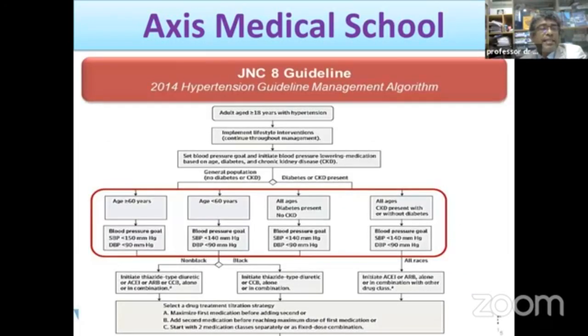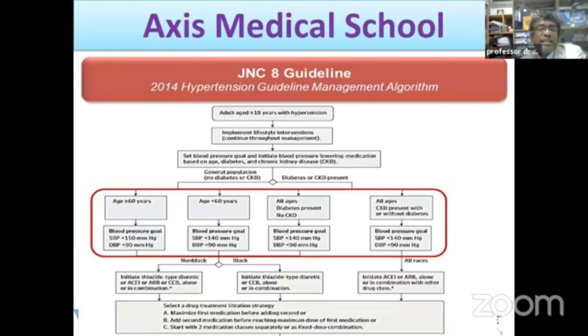The JNC 8 guideline was published in 2014. According to the algorithm, an adult patient with hypertension should first be intervened with lifestyle modifications, along with all his management. His blood pressure goal should be set, and initial blood pressure lowering medication chosen based on age, diabetes, and chronic kidney disease.